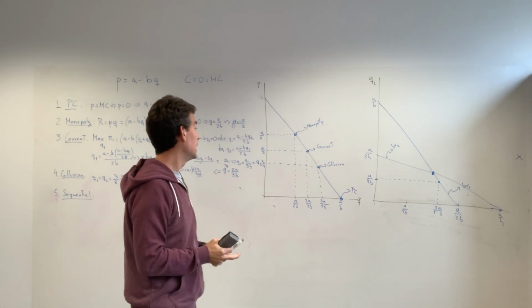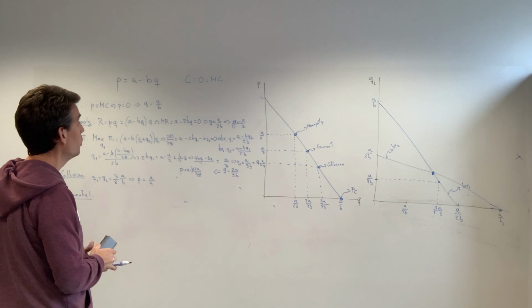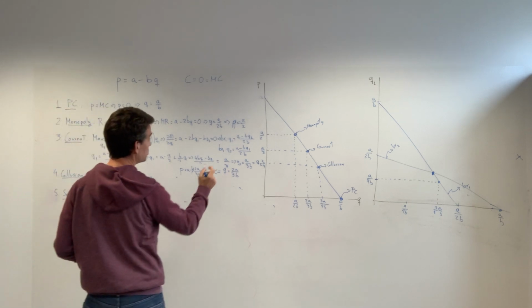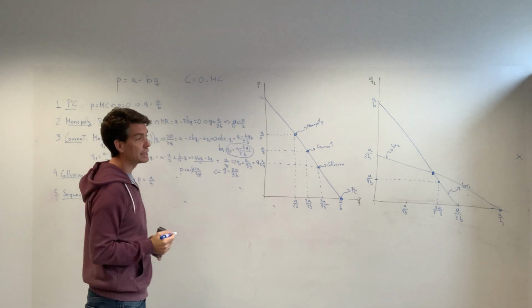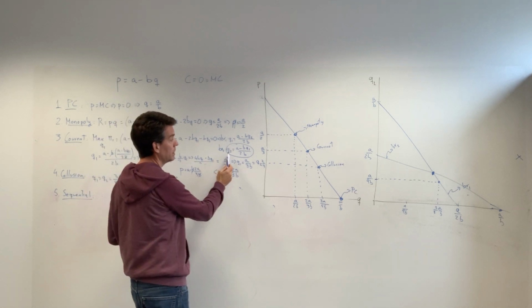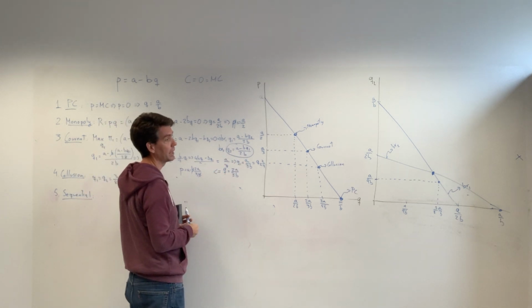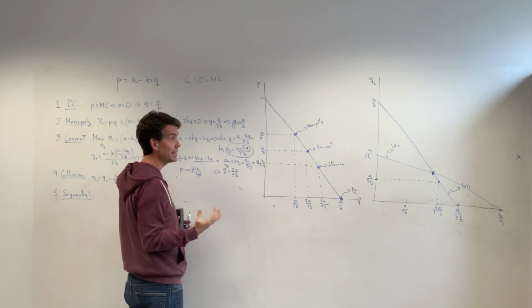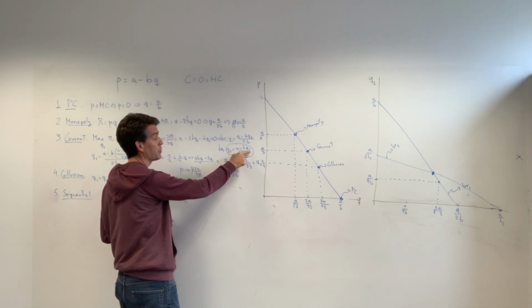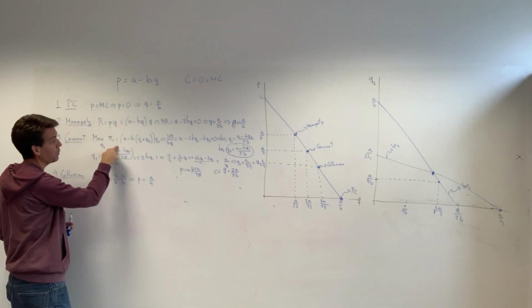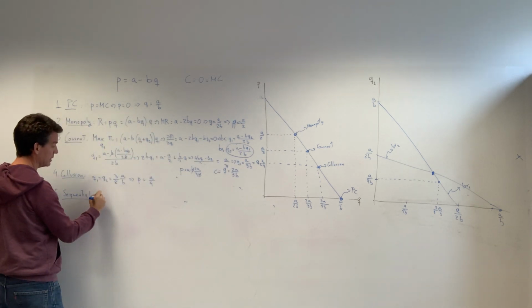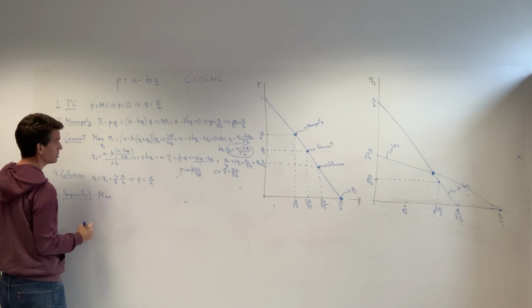So under sequential competition, firm number 2 still is going to behave as in the best response function. They will adapt not to what they expect firm number 1 does, but actually to what firm number 1 does, because they observe what firm number 1 has already done. But the issue is that in the problem of firm number 1, they will be incorporating how firm number 2 is going to adapt.